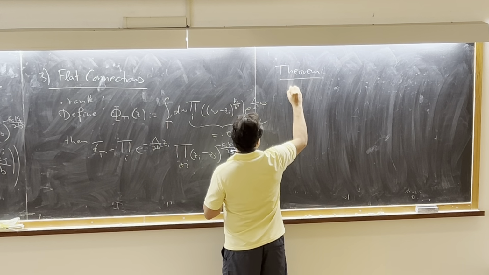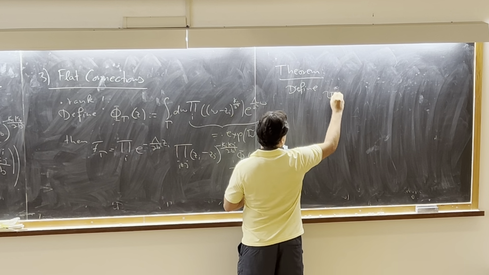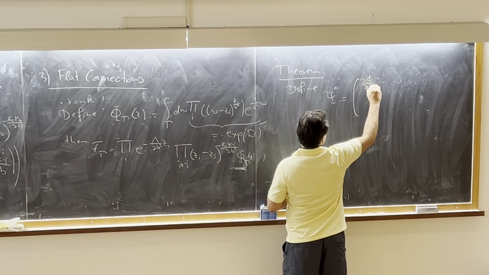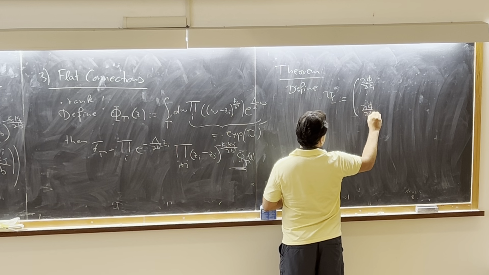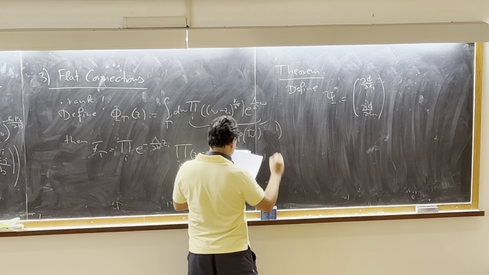Okay, so now define a wave function psi, or a vector psi, which is del phi del z1 all the way to del phi del zn. And then we have the following statements.